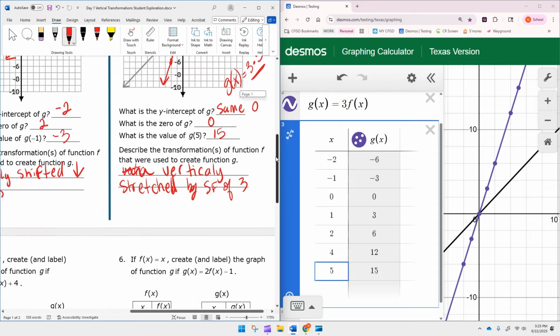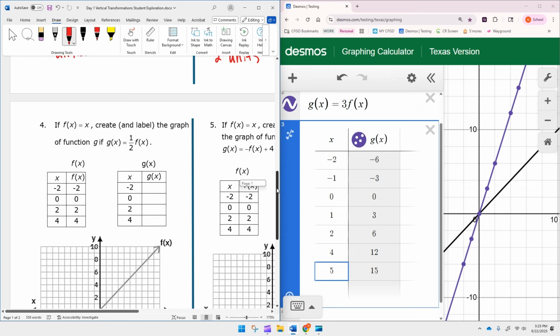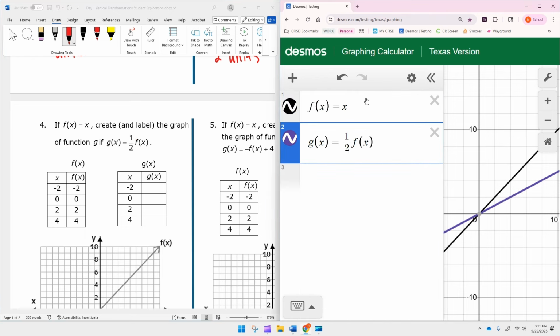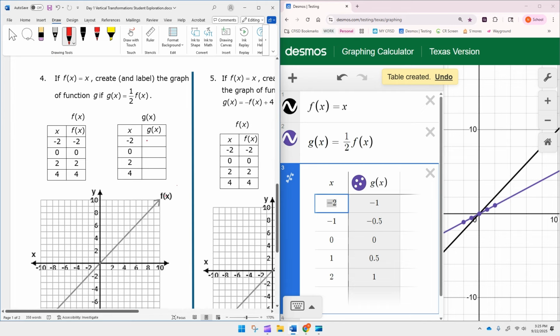Now, if we look at number 4, we have a scale factor of 1/2. So now, instead of 3, we have 1/2, which is less steep. Let's go ahead and convert to a table so that we can look at our table values. So at -2, we've got -1. 0 is still 0. We got 2, we got 1.